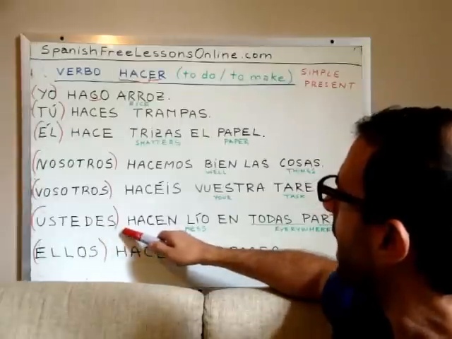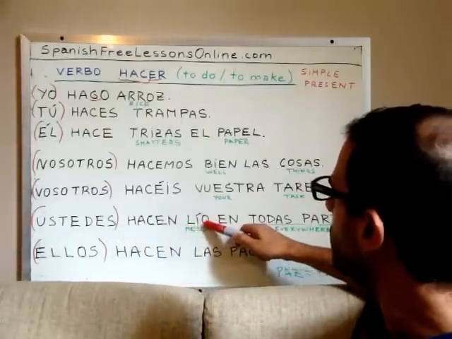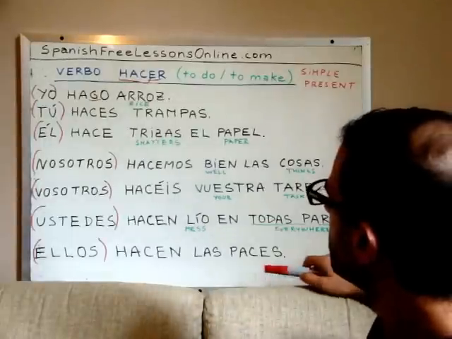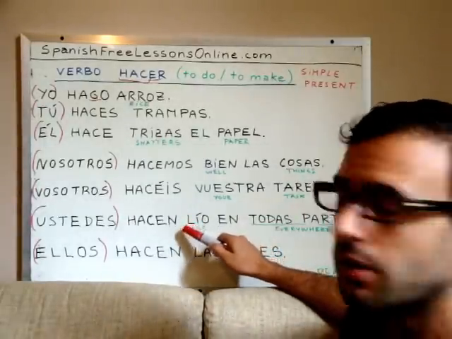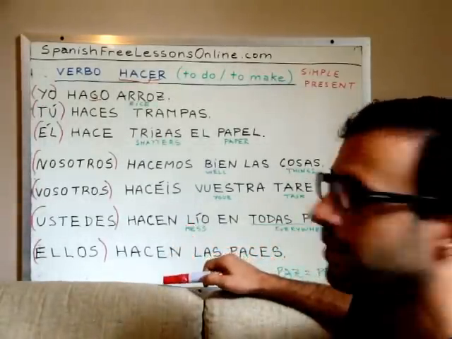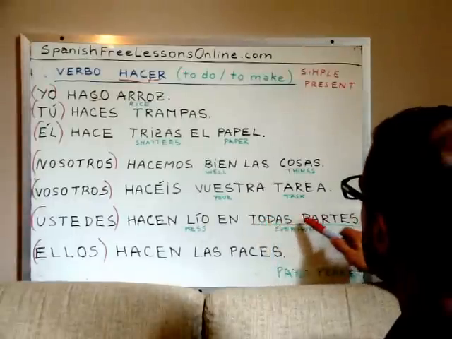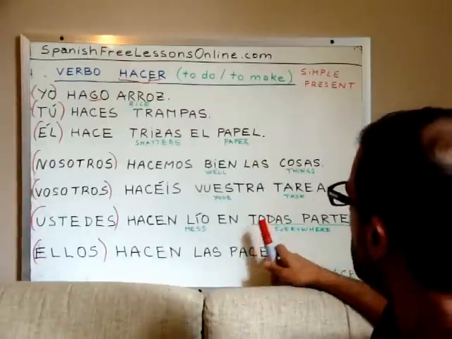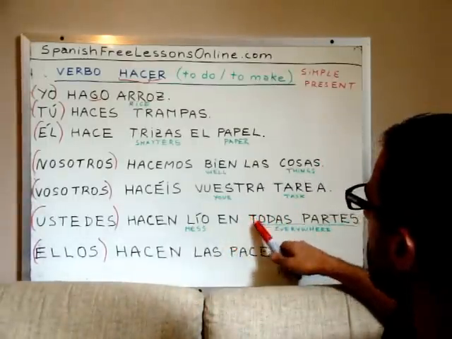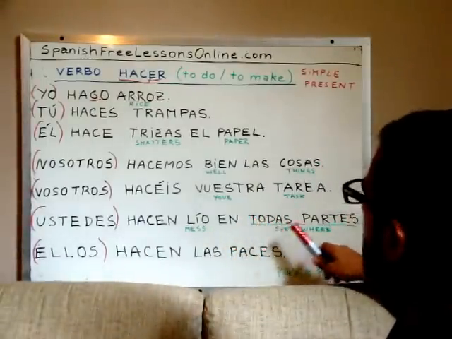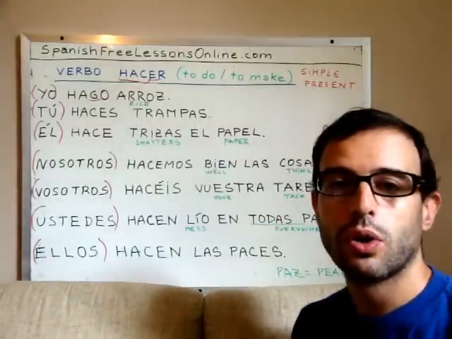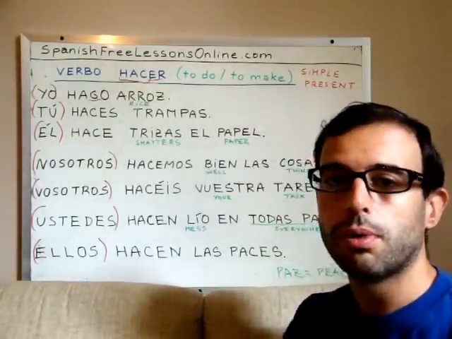Ustedes hacen lío en todas partes. Lío is mess, to make a mess. Todas partes means everywhere. Actually, you can see it as two words. Todas means all, partes means parts. Literally it would be all the parts or all parts.